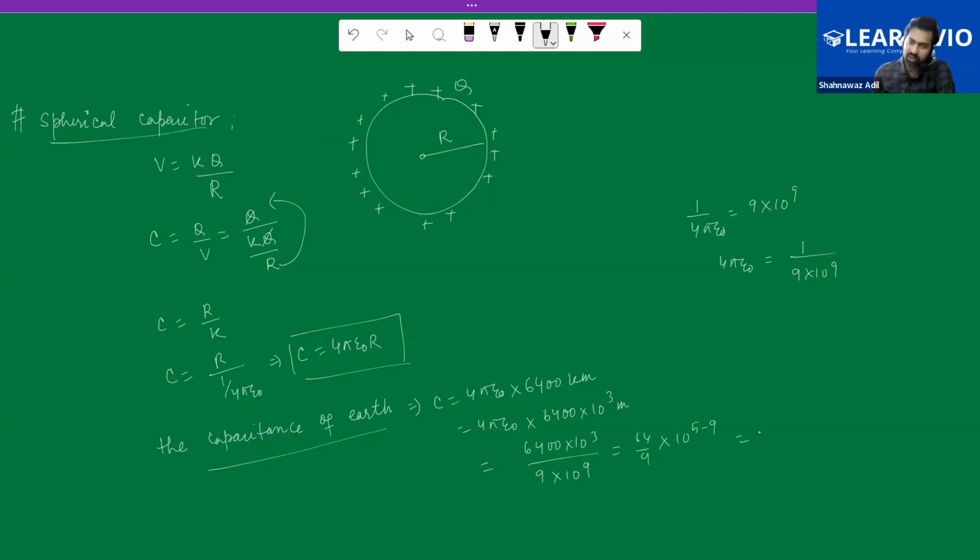This is nearly 7.1 into 10 to the power minus 4 farad. So this would be the capacitance of the Earth. Okay. So quickly note down this thing and then we'll do all the other questions. Quickly note down this thing, guys.